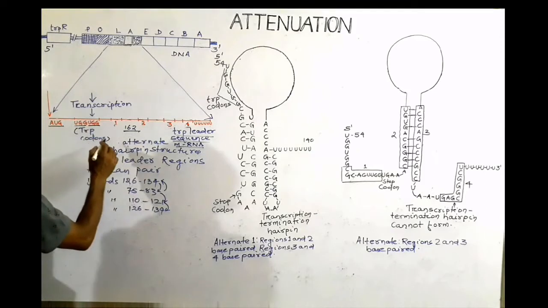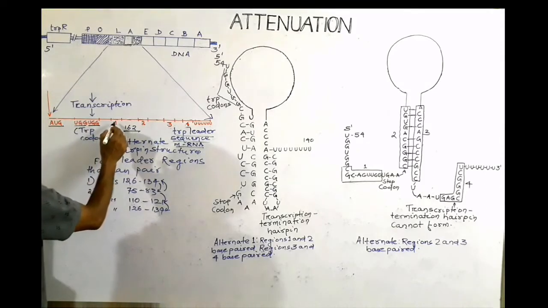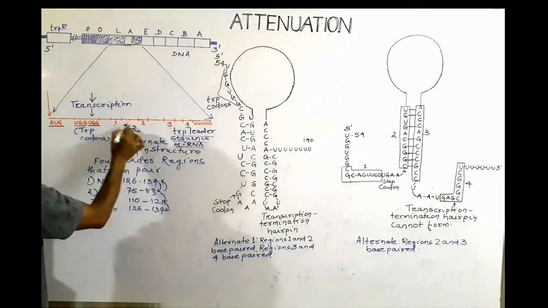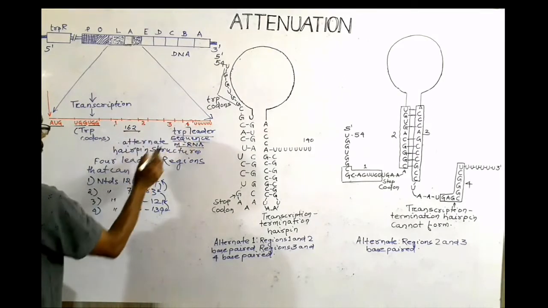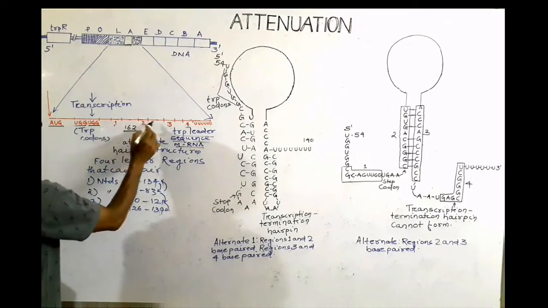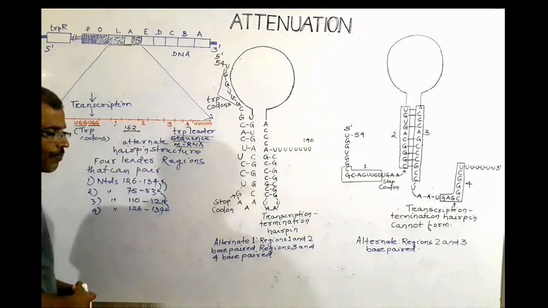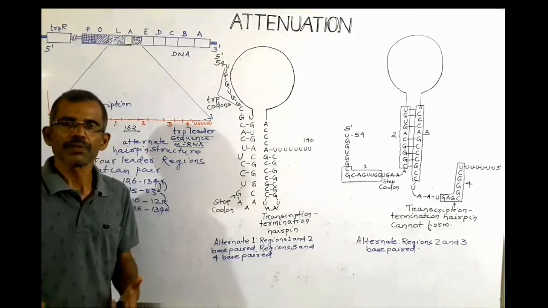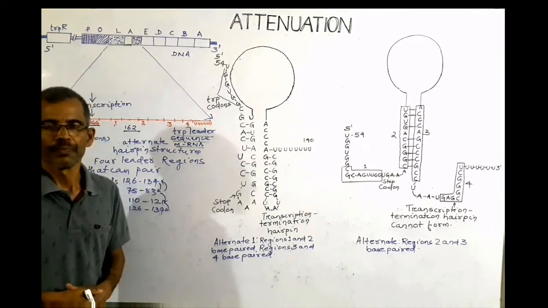In addition to this, the mRNA contains four different regions: region 1, region 2, region 3, region 4. These four different regions participate in base pairing to form different types of secondary structure.